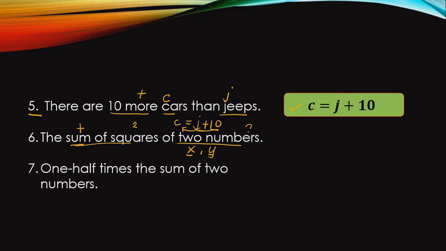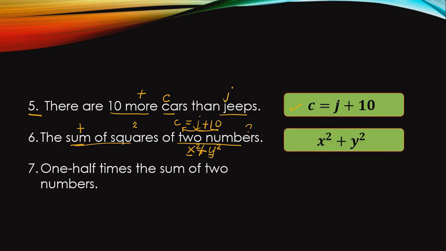X for the first number, y for the second number. Squares of two numbers means x and y are each squared. Then it is the sum, so we add the two. The answer is x squared plus y squared.